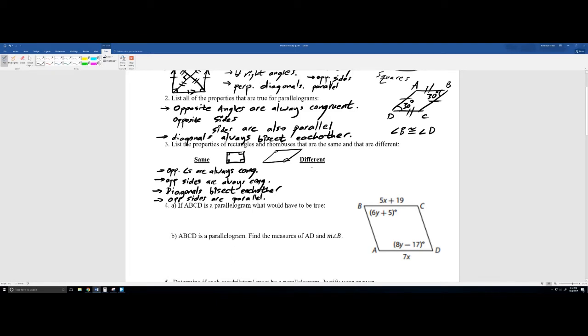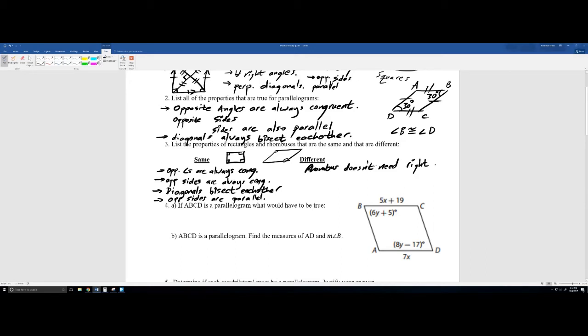Now, different. A rhombus doesn't need right angles. It can, but by that time it's really just a square.